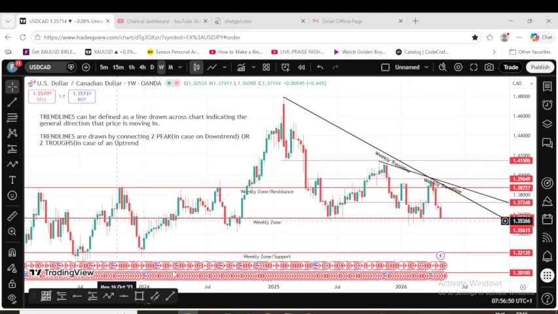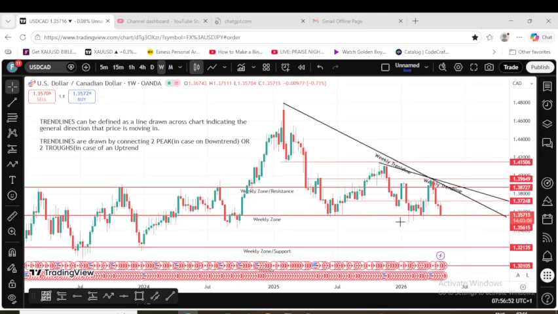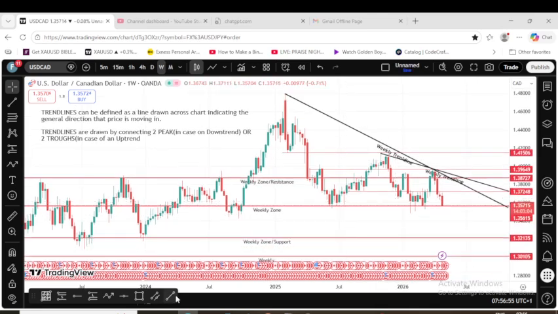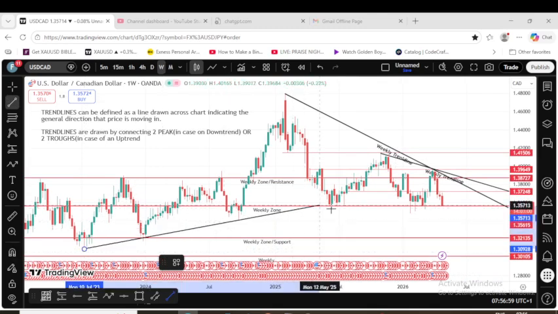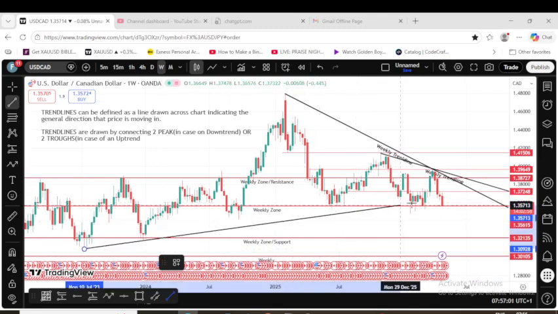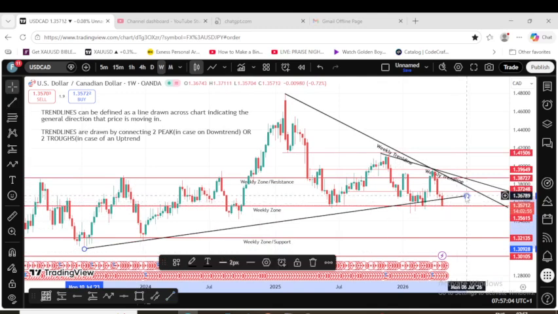So now we've drawn our bearish trend lines. Can we draw any bullish trend lines? Because I think I can draw some, but I want to see if they still remain valid. So we have, wow, a very valid bullish trend line like this. This is on that weekly time frame.